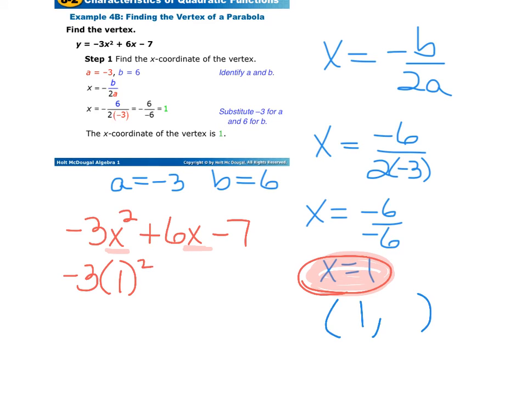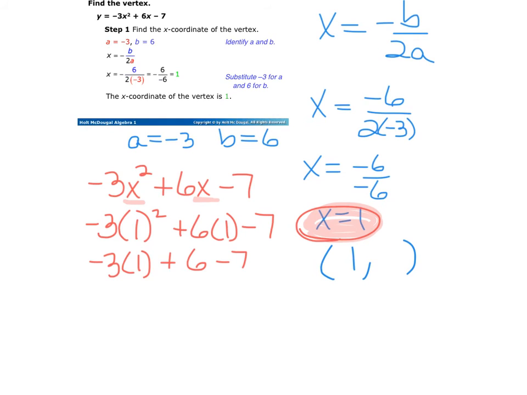It's positive 1, plus 6 times 1 minus 7. 1 squared is 1. 6 times 1 is 6. And then I'm going to multiply negative 3 times 1. And now I'll work left to right. Negative 3 plus 6 is 3. Minus 7 is negative 4. So my vertex is positive 1, negative 4.